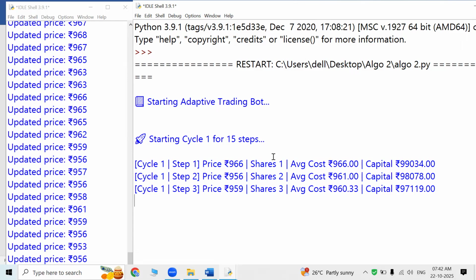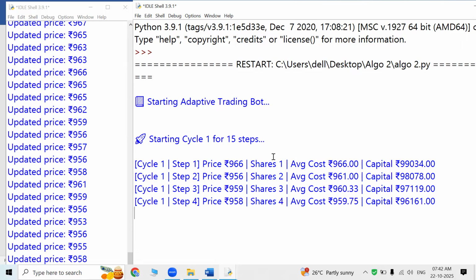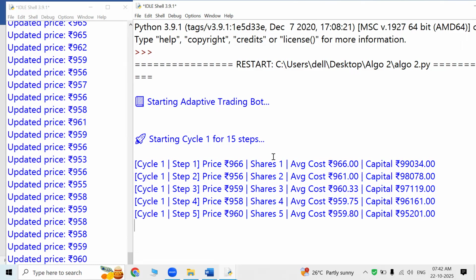You can check out the averaging which has been happening over here for the 15th step. Very beautifully calculated. And the best part of the recording is it's showing the worst case which can happen to your algo.